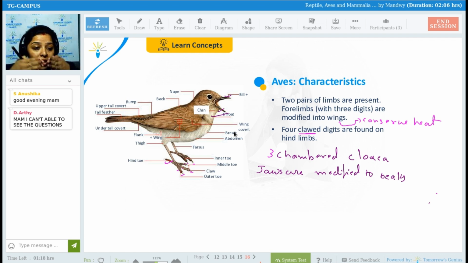The beaks are quite pointed. The beak is toothless, and the beak is covered by a sheath, and that sheath is called rhamphotheca.